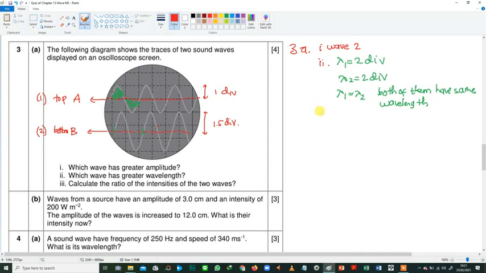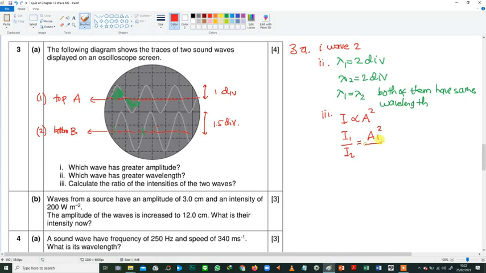Okay, how about part III? For part III, you have to calculate the ratio of the intensity. Remember, intensity has a relation with the amplitude, which means amplitude squared. So if we compare amplitude 1 with amplitude 2, you can change the proportionality into equality, but make sure the position of the index is the same, because it's directly proportional.